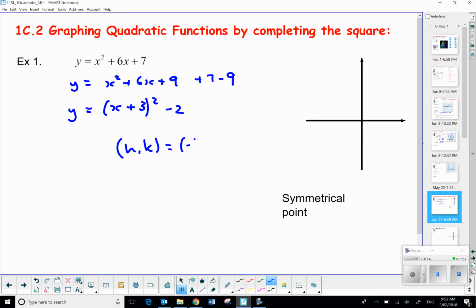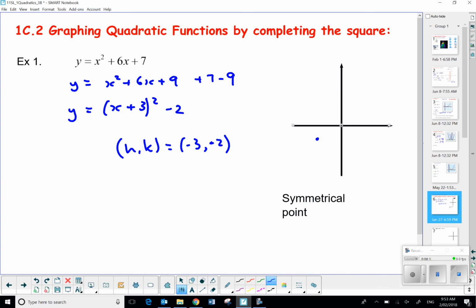So if I want to draw this up, we're starting with minus 3, minus 2.